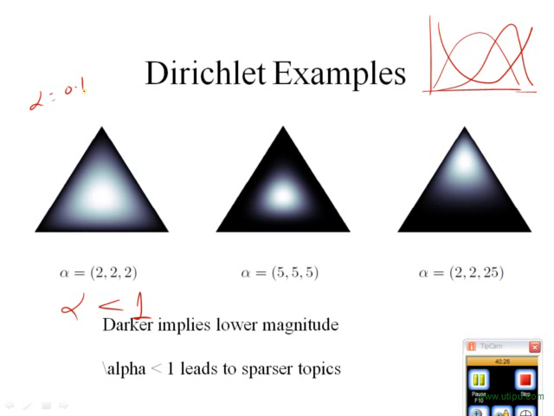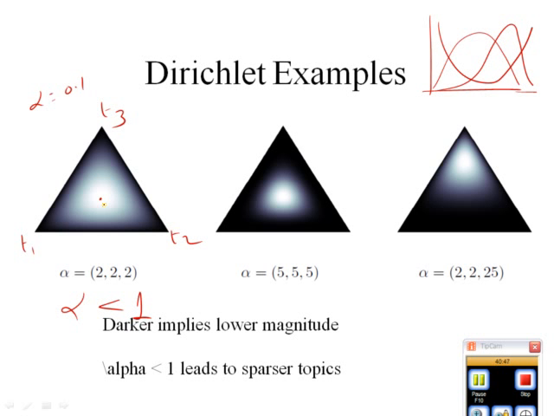Let me go over this again. Here is topic 1, topic 2, topic 3. This point here is, let's say, 0.333, 0.333, 0.333. That's the probabilities.